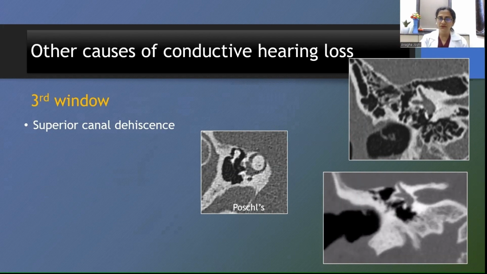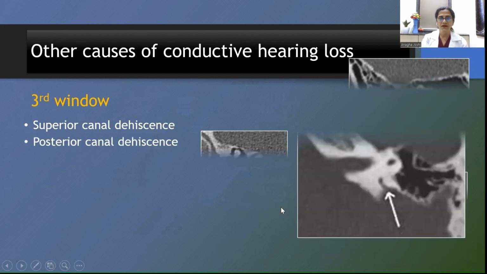Here you can see the normal bony covering over the semicircular canal, whereas in the lower image there is a complete dehiscence of the bony covering of the superior semicircular canal, and you can typically see the entire semicircular canal on a Poschl's view.